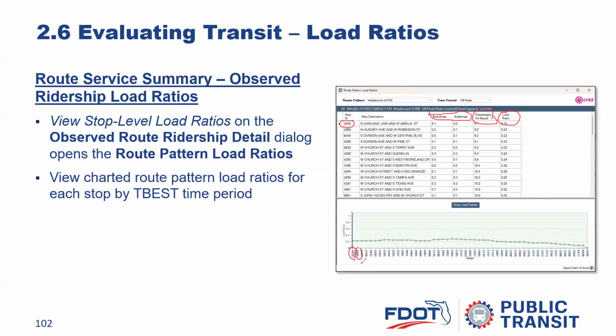But this particular table is the load ratio. And of course, the load ratio is dependent on however many seats you have. So that's rolled up at the route level and you know how many seats you have on this bus. So it's basically giving you a nice graphic that you can again export to Excel and be able to summarize your onboard loads from your APC data.